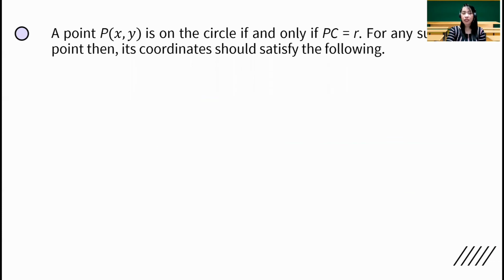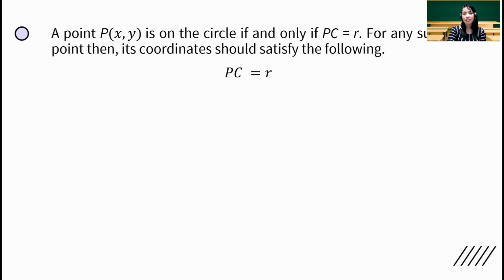A point P(x, y) is on the circle if and only if the distance of point P to point C is equal to r, which is the radius. For any such point, its coordinates should satisfy the following: the distance of point P to the point C, or the center of the circle, is equal to r.